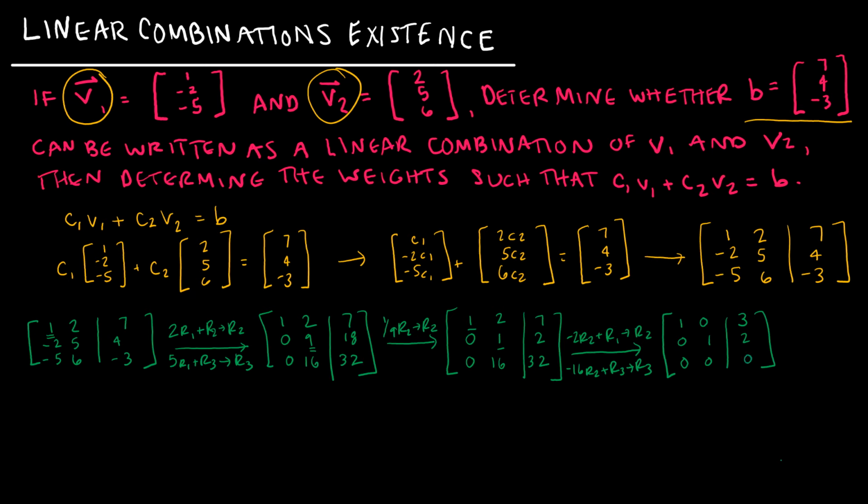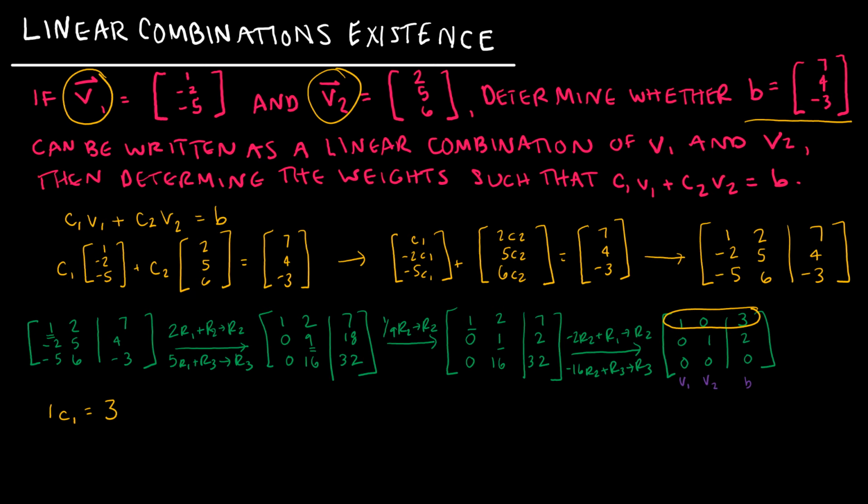And I'm fine with that, and here's why. Keep in mind that this guy is V1 and this guy is V2 and this guy was B, but essentially what that tells me is what values I'm going to use for C1 and C2, because this row says 1C1 equals 3.